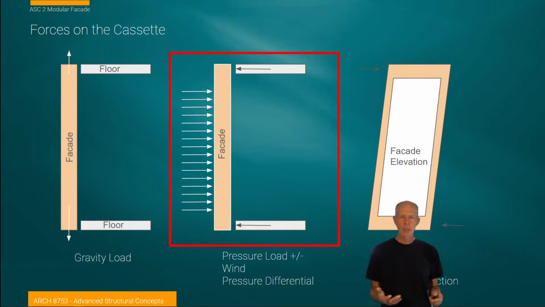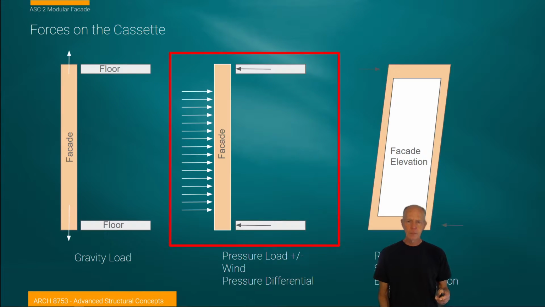And then the third reason is that in order to resist that facade from deflecting, we know that we're going to have to resist that with the mullion of the window. And the depth of that will determine whether it is strong enough to support it. And as architects and designers, we're concerned with the aesthetics and the amount of material that's used in that facade in order to resist this load.